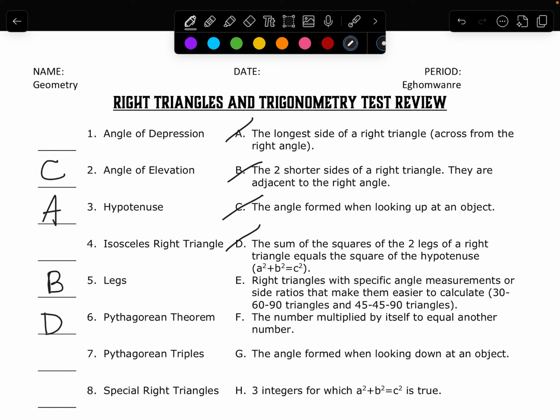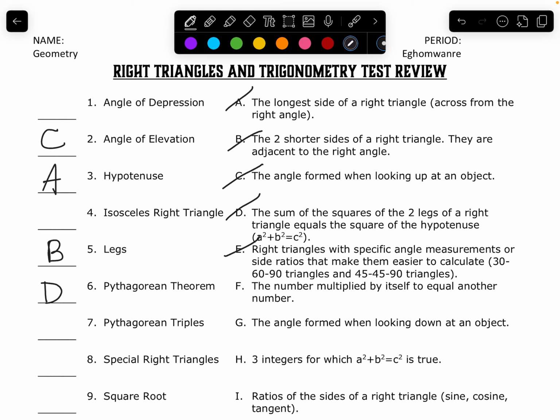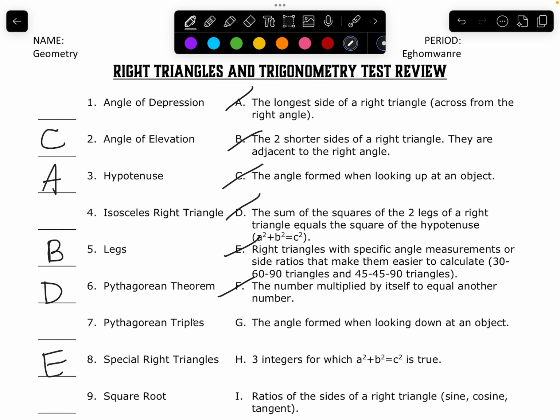Right triangles with a specific angle measurement or side ratios that make them easier to calculate, i.e. 30-60-90 triangles and 45-45-90 triangles, those are special right triangles. The number multiplied by itself to equal another number, that would be a square root. The angle formed when looking down at an object is the angle of depression.